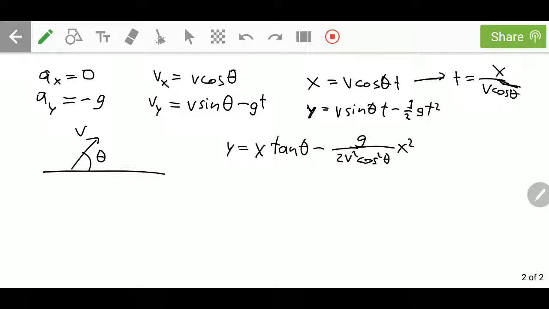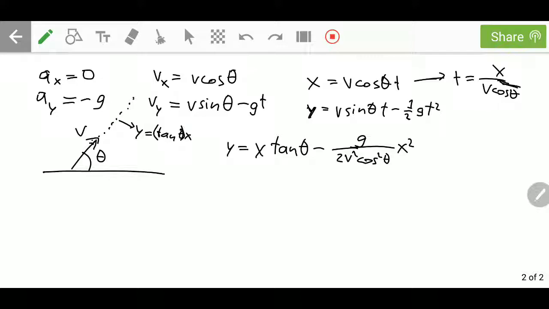Now if you look at this formula, let's do a quick sanity check. Notice this term x tan theta. What is that? It's basically the linear term. In fact, if this particle were to continue in a straight line, as if there were no gravity, then indeed the height would always satisfy y equals tan theta times x, just by the definition of the trigonometric function tan theta.